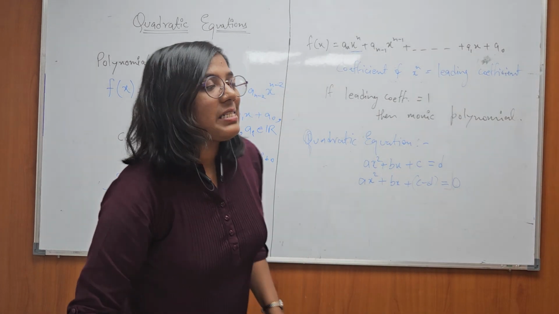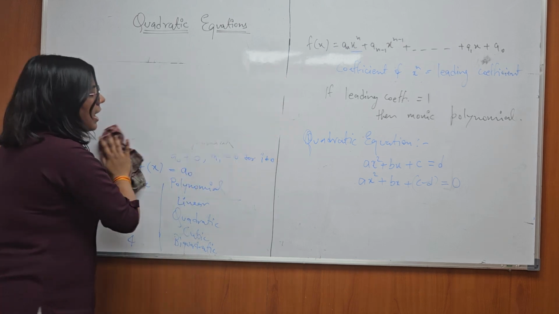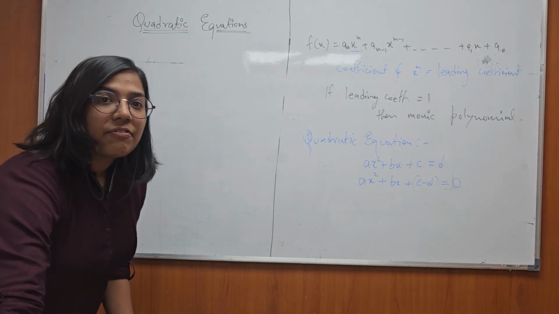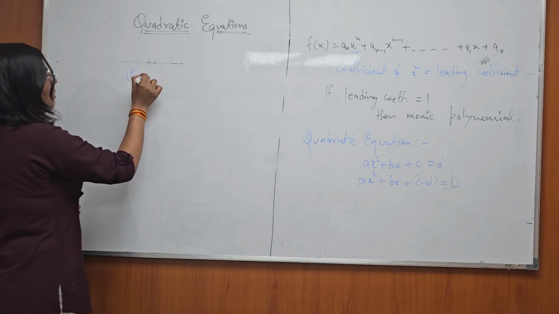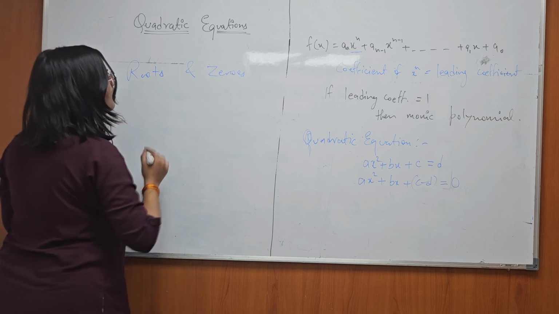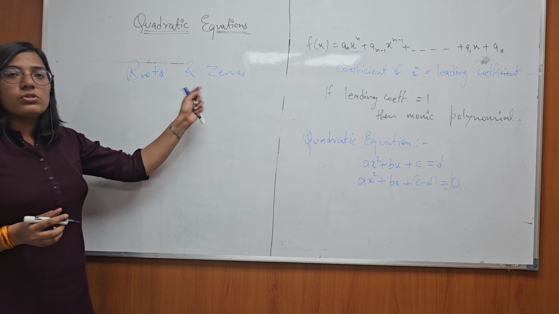Now what else can be defined for a quadratic equation? As we all know, there are roots and zeros: zeros of a polynomial and roots of an equation. What is the difference between these two words? Roots and zeros. Roots are for the equation and zeros are for the polynomial.